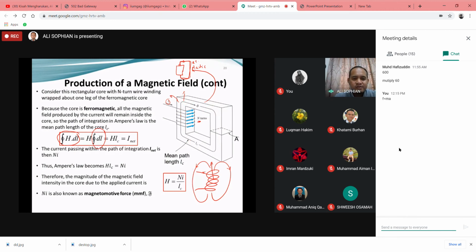The closed loop integral of the element length dl should give you this length here, which is the mean path. Again, this is an approximation; in reality it will not be exactly that. This distance here is what we call lc.